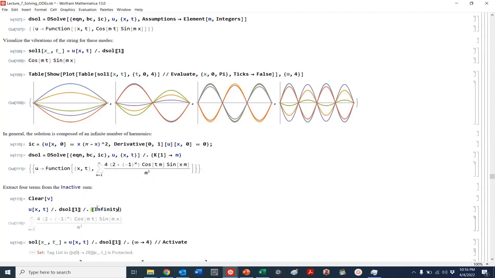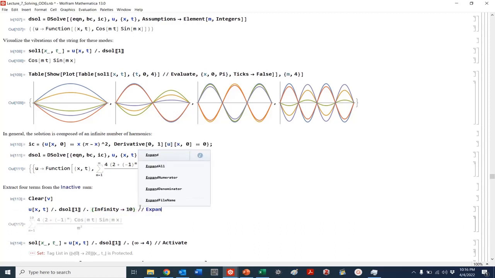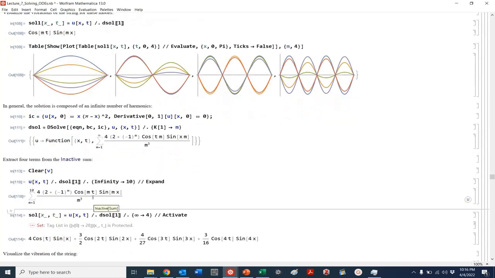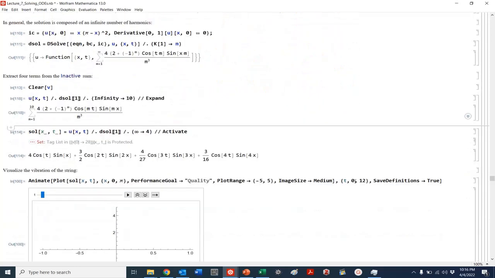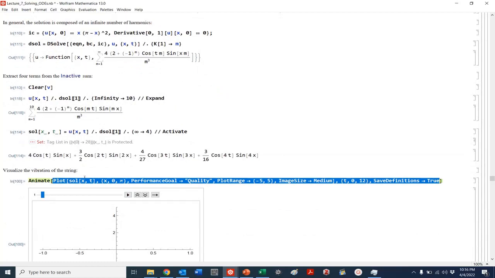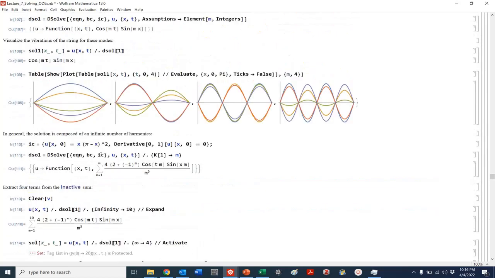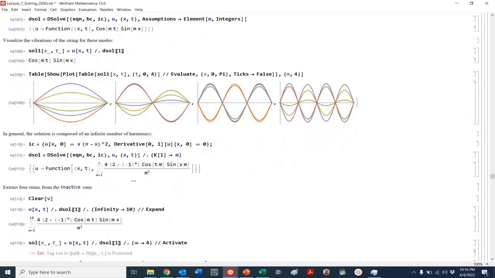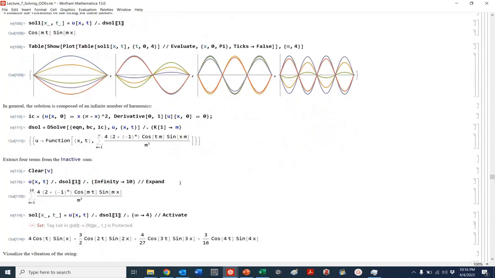Infinity goes to say 10, and it gives us the values we want to look at. So we have these values of m here, 0 to 4. Let's look at activating it.